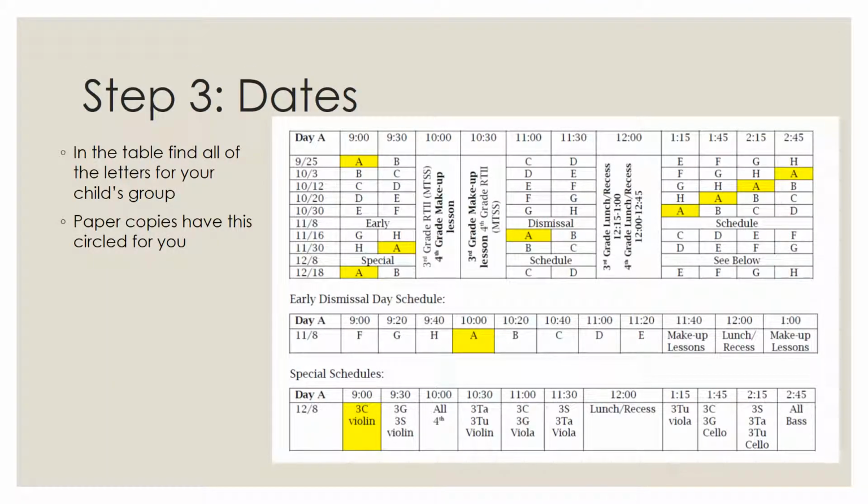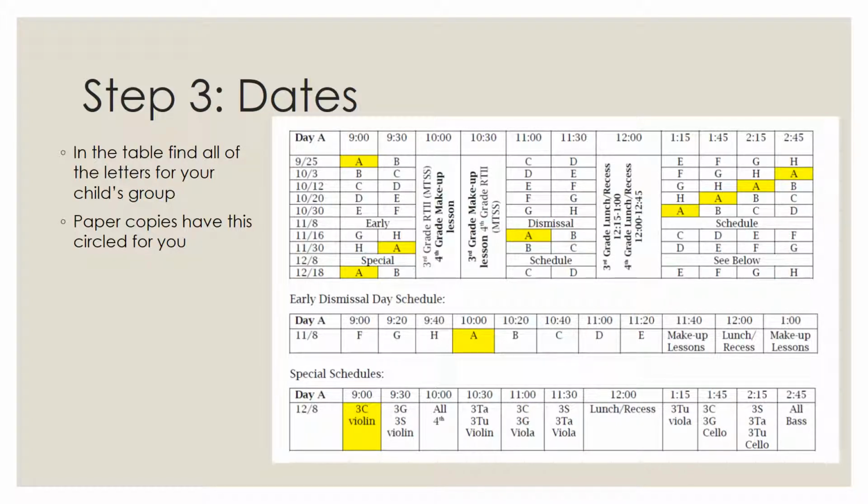Underneath the groups, you will see a table with dates and times. This can be tricky to read. Because the groups rotate throughout the day, so the same subject area is not missed, I have circled each letter on the paper copy. On your electronic copy, you will need to go across to find your child's letter.